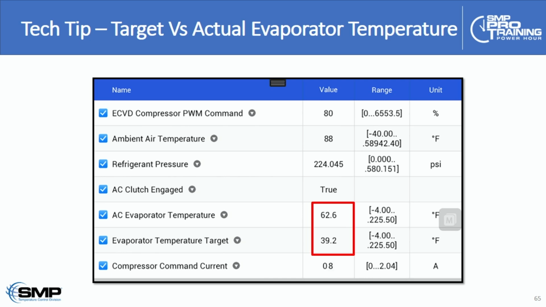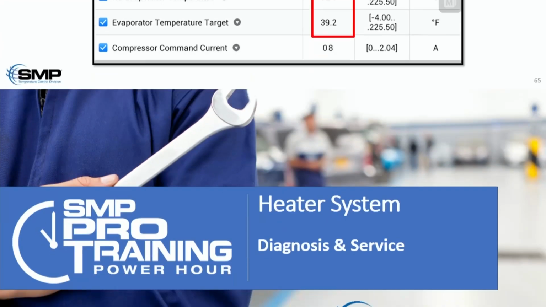In this case, I would suspect a basic refrigeration circuit problem. The computer is aiming for a 39, 40 degree evaporator, but it can't get there, more than likely because the system is low in refrigerant, or there's some compressor issue.